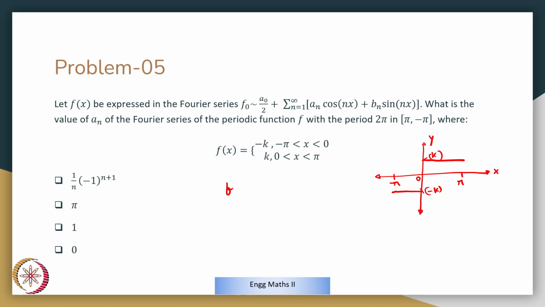What that means is f of minus x is nothing but minus of f of x. If suppose your x is positive, then your value comes here, f of minus x would come here, and it's minus k, which is minus of f of x. So this basically tells us that f of x is an odd function.